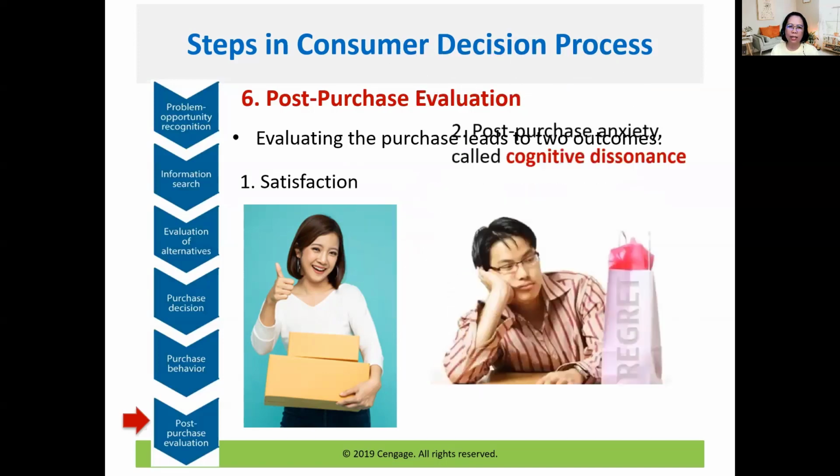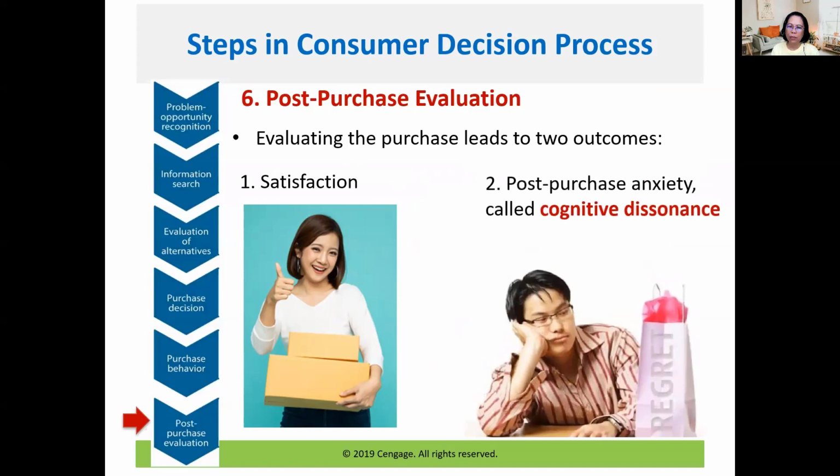The next is post-purchase anxiety, which is called cognitive dissonance. Another outcome would be that John did not like the pizza at all that he ordered. He now experiences post-purchase anxiety, or what is called cognitive dissonance.